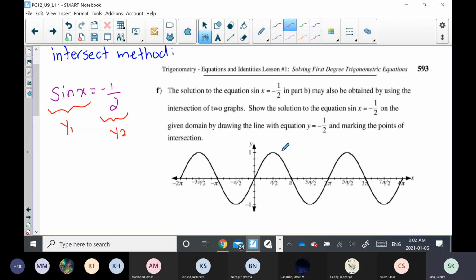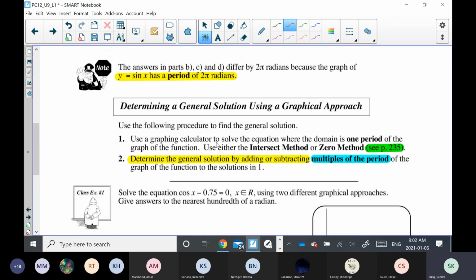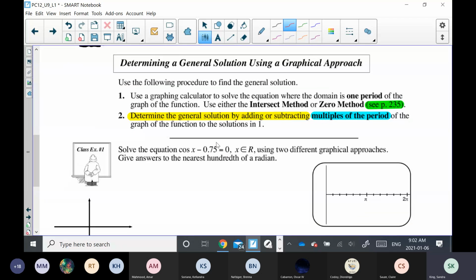Okay, now that we did that, let's go down here and start the class examples. That should, for the most part, be a review. These are the notes on what we just did. It shows there were 2 intersects, and there are 2 methods, the intersect method or the zero method.